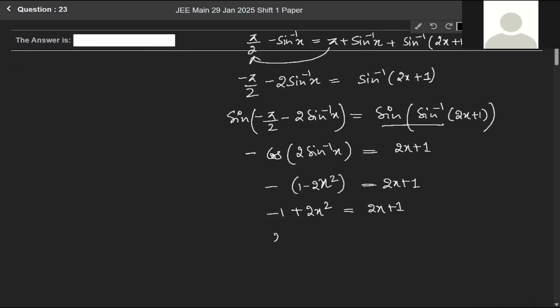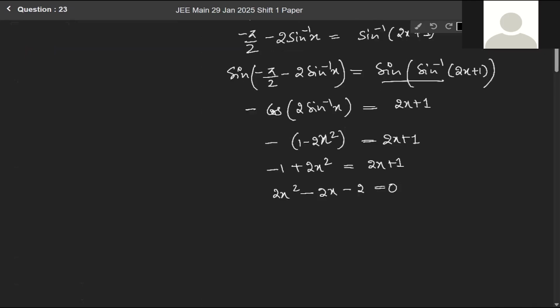So this will become 2x square minus of 2x minus of 2 will be equal to 0. So now solving this quadratic equation, we get x equals to 2 plus minus under root of 4 plus 16 over 4.